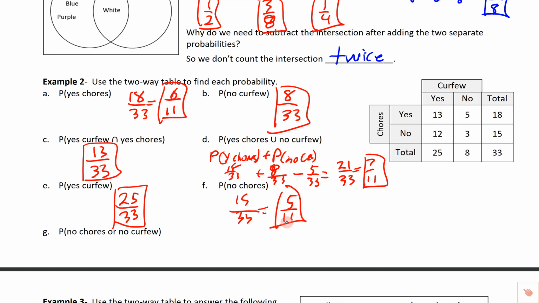Okay, last one, do not say anything out loud. This is an or. No chores or no curfew. Do it yourself, no chores or no curfew.